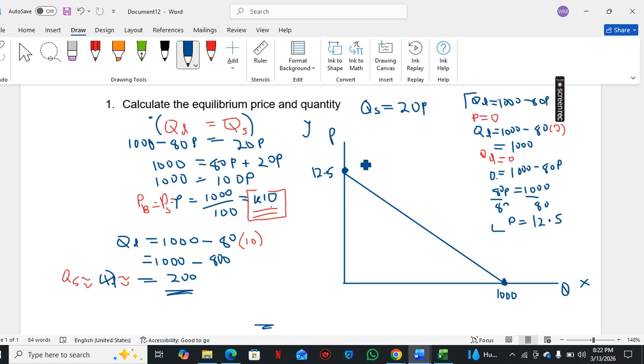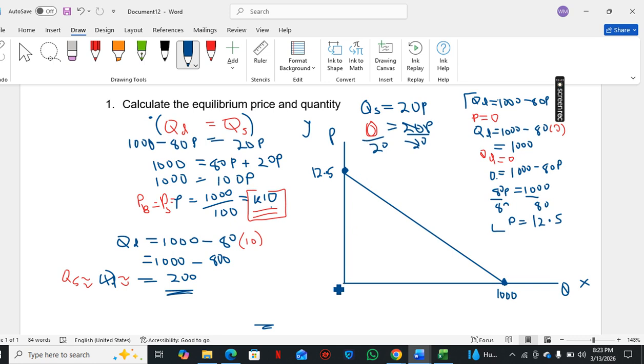So you want to see where does this supply function cut the y-axis? So you equate QS to 0 and find the value of P. Zero divided by 20, that is 0.